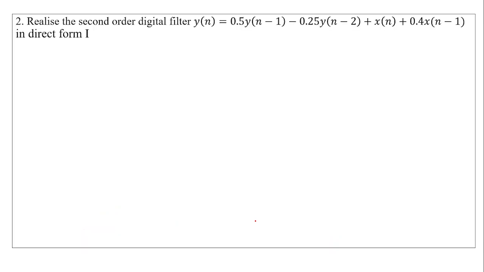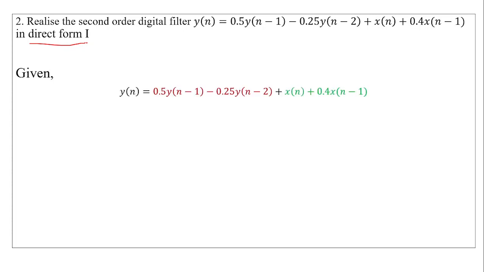We'll go for one more problem here. Here also they have given your y of n, and they ask you to get it in direct form 1. The procedure is we have to get two equations: W of z is equal to something, and the second equation, y of z is equal to something. In this equation, input and input delayed version will be equated to W of n, then I'll replace this in the main equation.